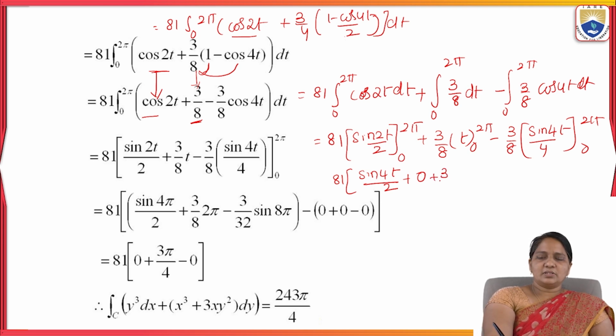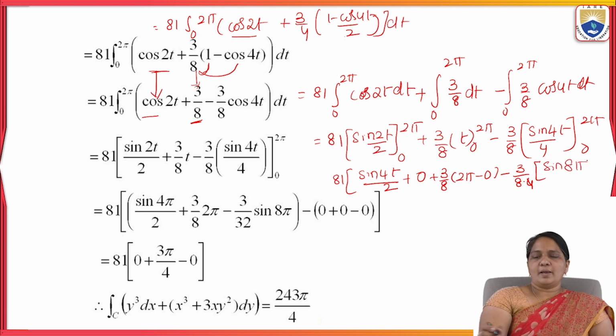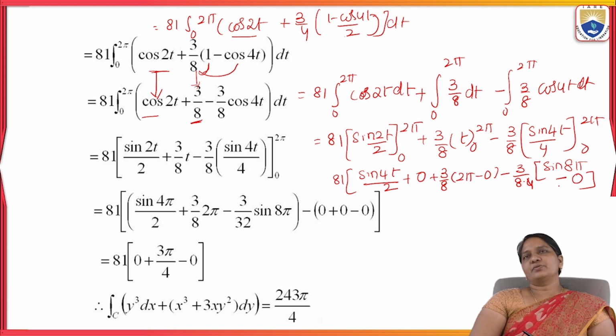Next term, 3 by 8 into 2 pi minus 0, minus 3 by 8 into 4. In the limits we are substituting here, 3 by 4 into 2 pi, so sin 8 pi minus sin 0 is 0.